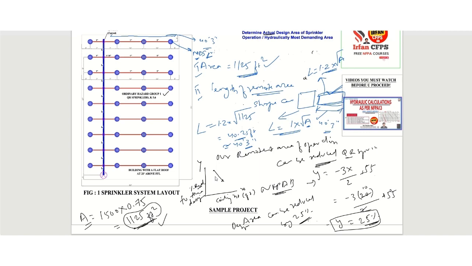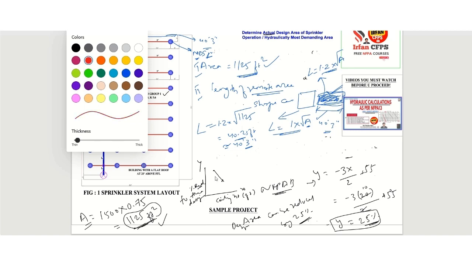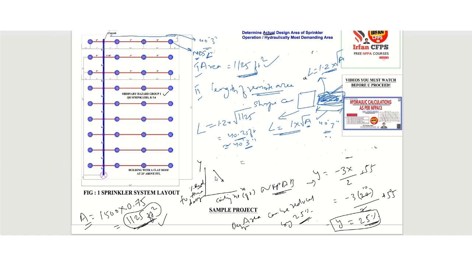So now finally in this step 5, we will calculate the minimum number of sprinklers to be considered in this particular area of operation. Now I will take one more color, or maybe red might be better. The minimum number of flowing sprinklers in this remotest area, there is a formula as per NFPA 13: remotest area divided by coverage area of one sprinkler.